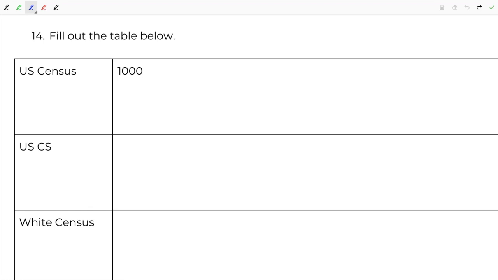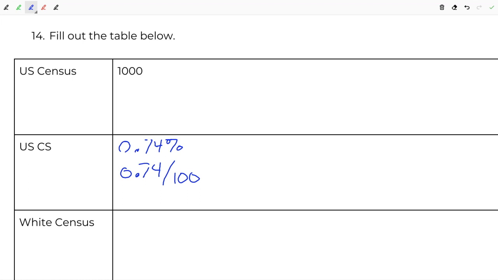So in the US, 0.74% of people are in the correctional system throughout the course of a year. So this means 0.74 per 100 people are in the correctional system.